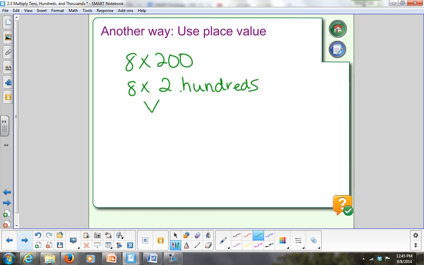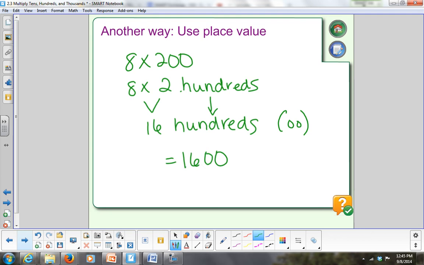Okay, and I know that 8 times 2 is in fact 16, and then I can just bring this down, would be hundreds. And how many zeros are in hundreds? Okay, there are 2 zeros in hundreds, right? Just like there are 3 zeros in thousands. So the answer then would be 1600. Okay, easy peasy.